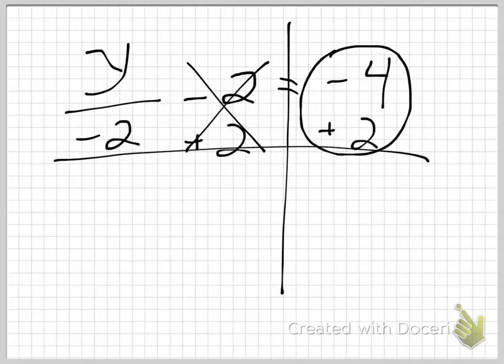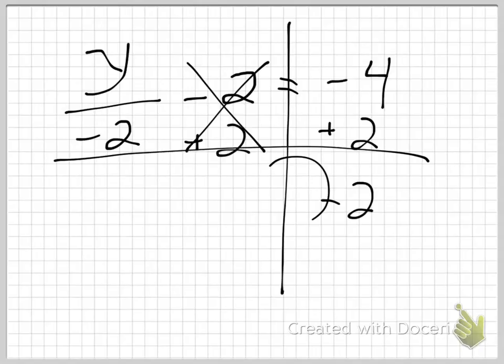Please be careful here. What is negative 4 plus 2? Negative 2. Another negative 2. What goes right up around in here? Another equal sign. I bring this guy down. Y over negative 2 equals negative 2. Is the variable happy? No. Why?